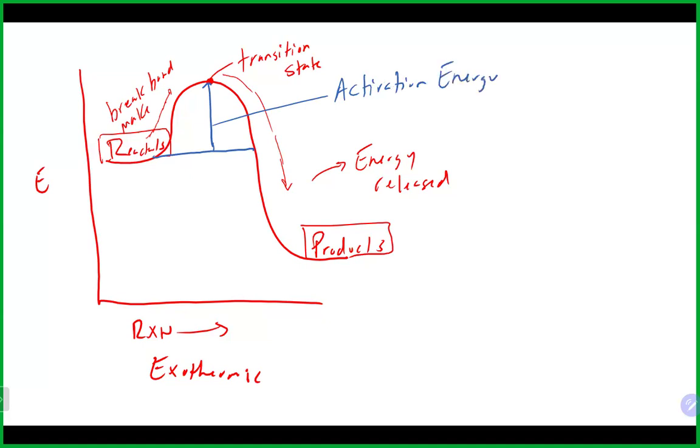It is sometimes abbreviated E of A, and that is the minimum amount of energy needed for a reaction to occur. It is the energy barrier, if you will, for the reactants to get to the other side. It affects the rate of a reaction, how fast it will actually take place.